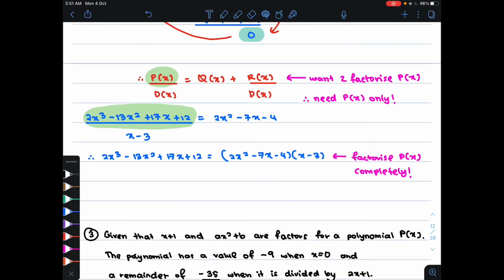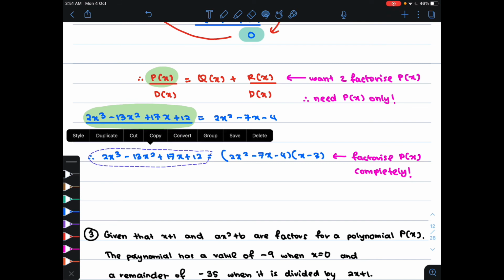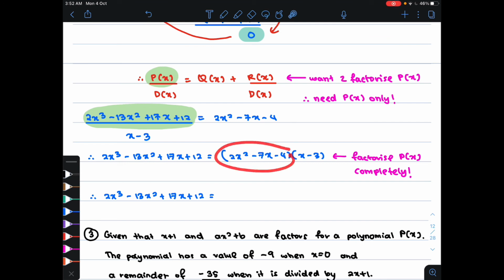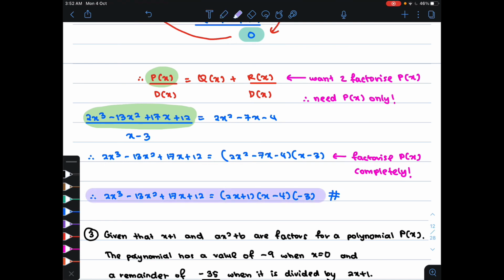And we need to factorize p(x) completely. And that is how you factorize p(x) completely.